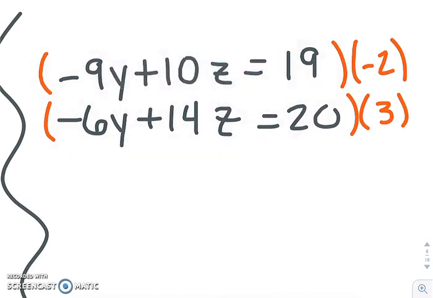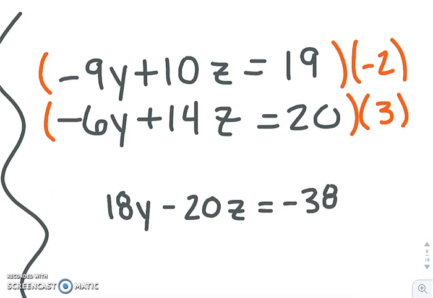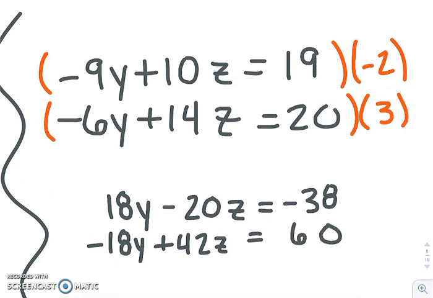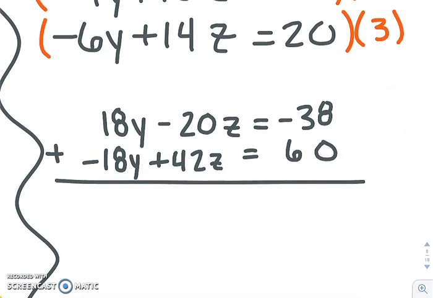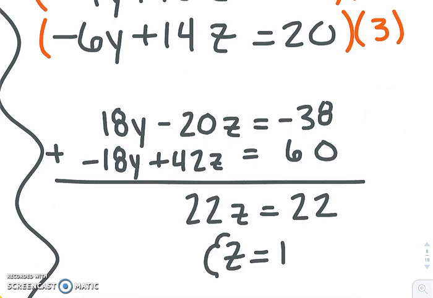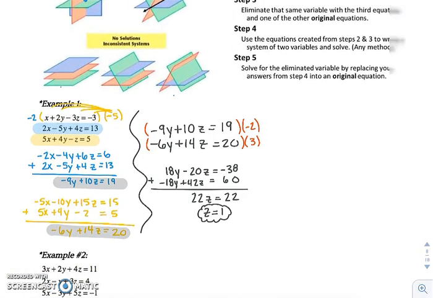So we've got positive now 18y minus 20z equals negative 38 and negative 18y and 14 times 3, 42z equals 60. So when you guys add them up, you get 22z equals 22. So z is 1. So we have the first of our three variables.